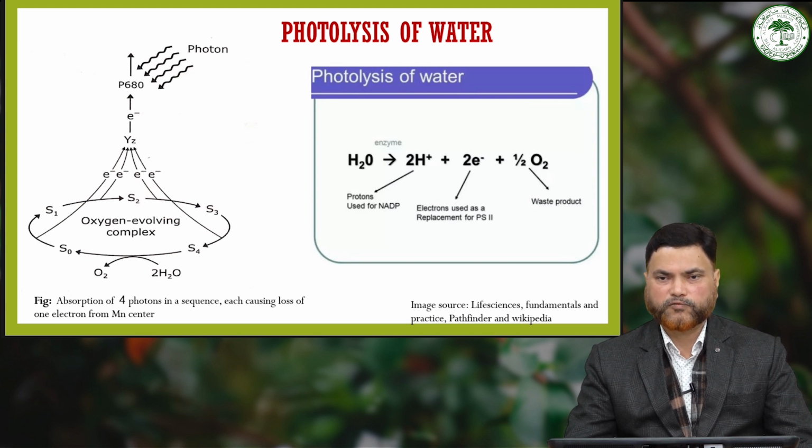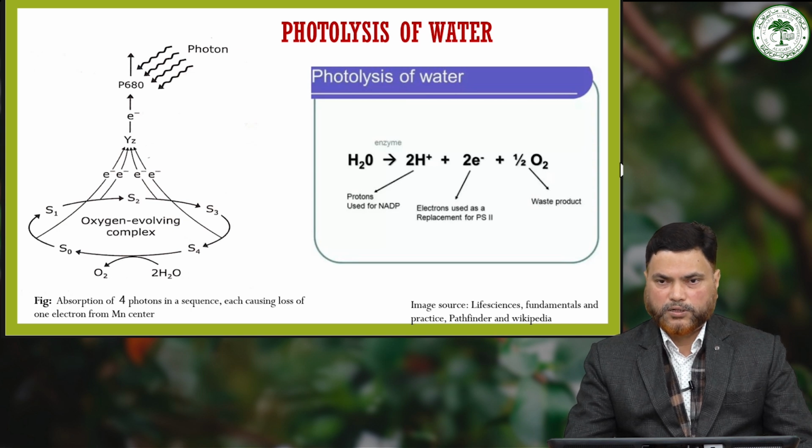This photolysis of water is catalyzed by a protein complex called the oxygen evolving complex, which is present on the luminal surface of the thylakoid membrane. The oxygen evolving complex contains several proteins like the manganese stabilizing protein, PsbP and PsbQ, as well as 4 manganese, calcium ion, chloride ion and bicarbonate ion.